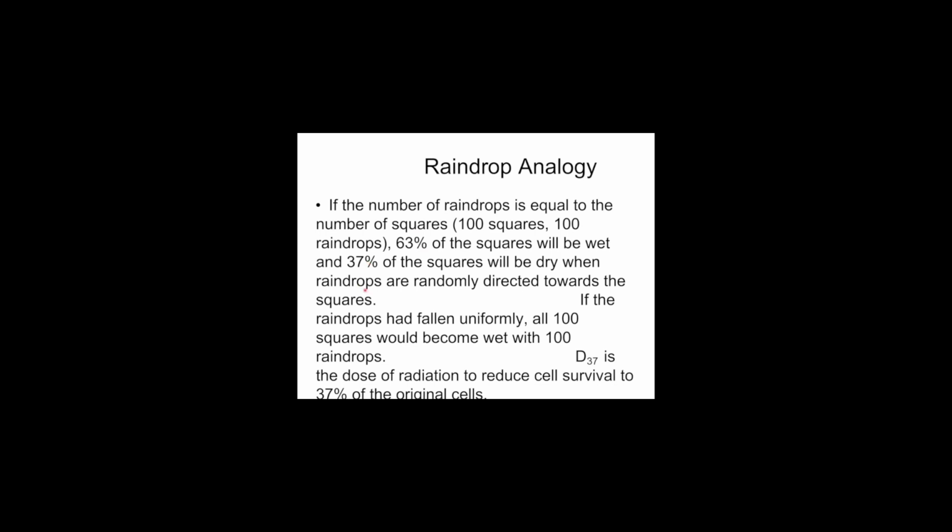So the D37 or the D0, the dose at which we get 37% survival, is the dose of radiation to reduce cell survival to 37% of the original cell number. This is more information about these curves and shoulders.